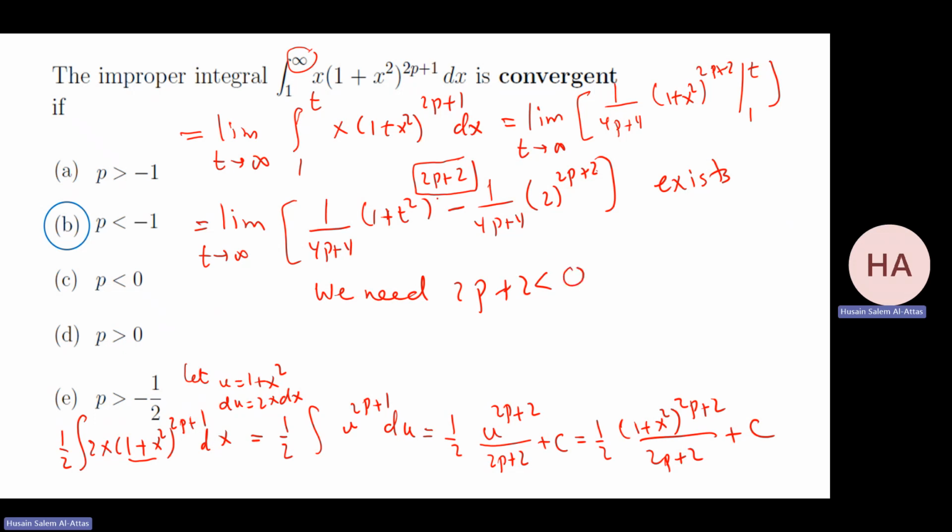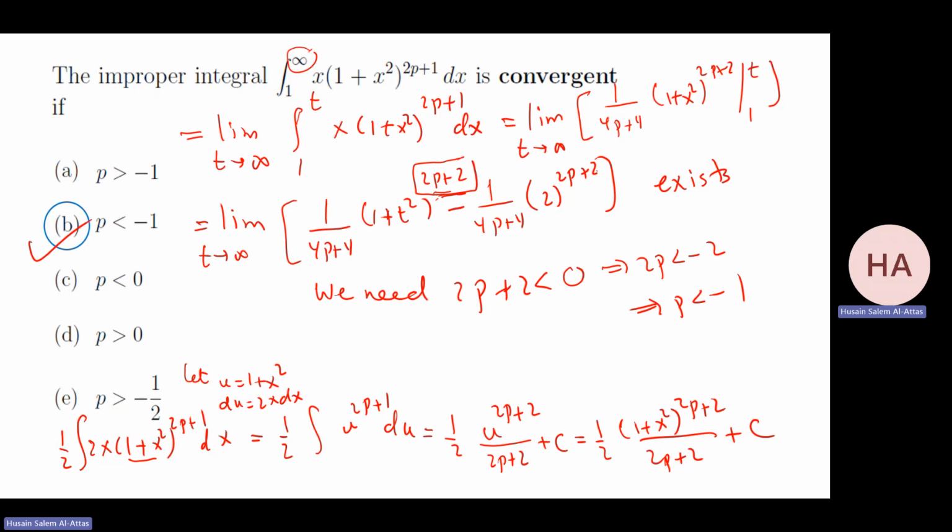Negative, so that as t goes to infinity, it will go to 0. Otherwise, if it is positive, then it will go to infinity. So we need 2p plus 2 to be less than 0. So 2p is less than minus 2, so p is less than minus 1. And that is my answer.